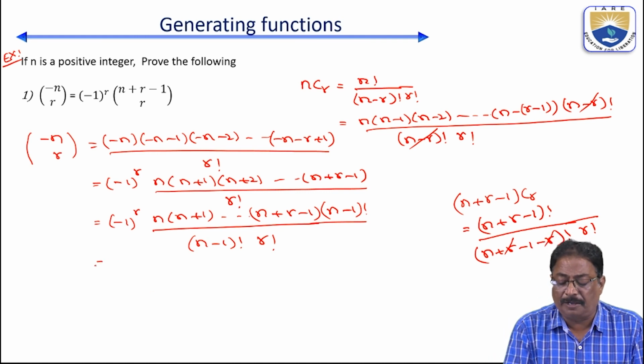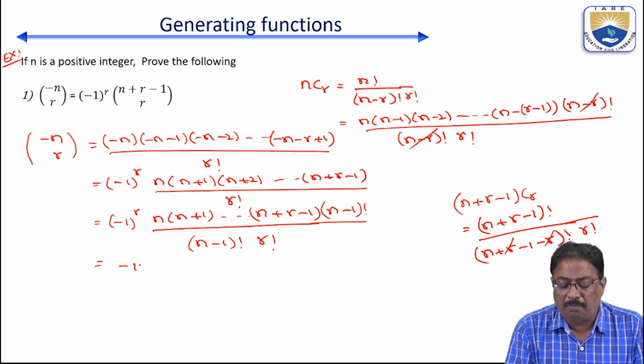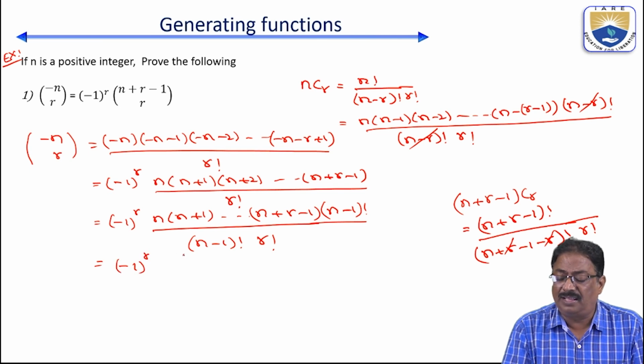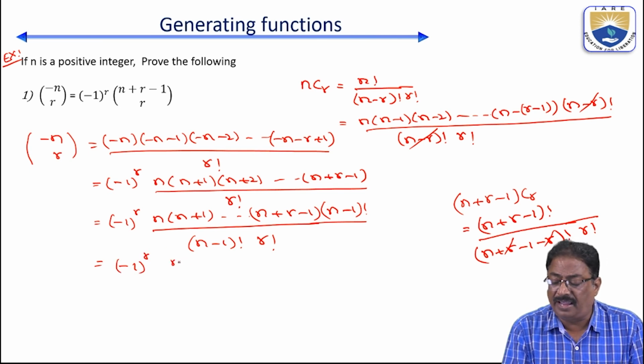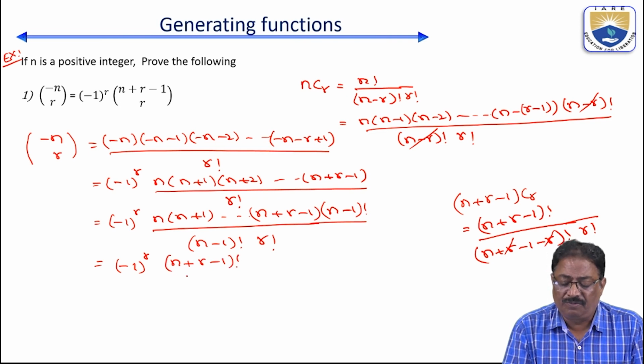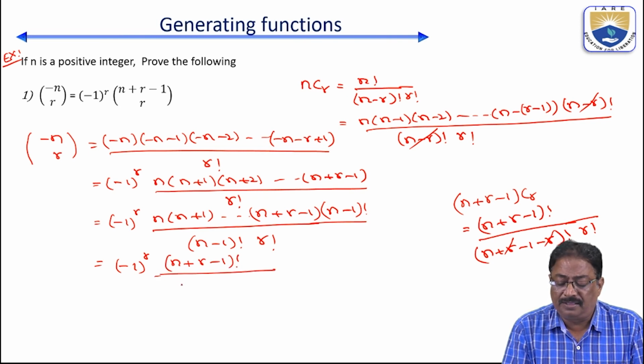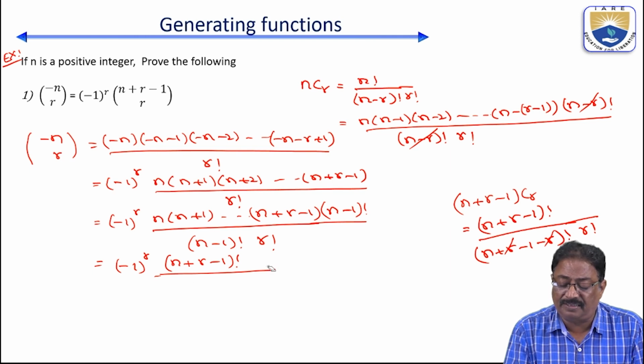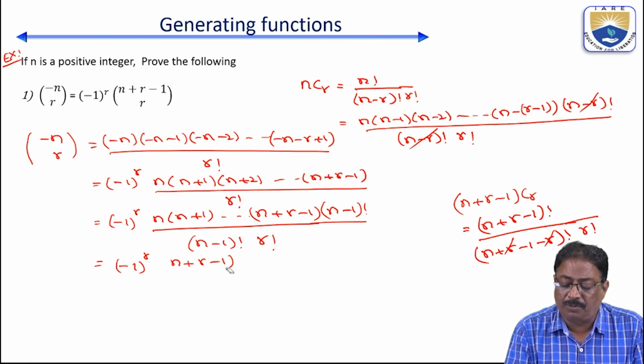Now this will become minus 1 to the power of r, then the whole thing is n plus r minus 1 factorial by n minus 1 factorial into r factorial.